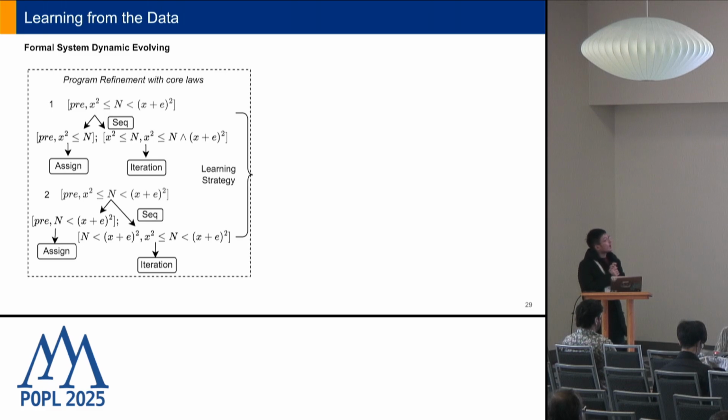So, inspired by the machine learning idea, we learn more advanced laws from data to make the formal system dynamically evolving. Remember, we have different directions of refinement of the square root algorithm. We can first assign x equals 0, which satisfies this kind of invariant.